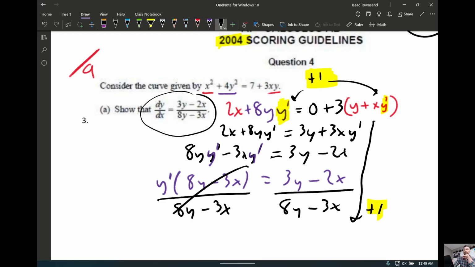Out of 9 points, what do you guys think that the average for FRQs typically is for us? 4, 5. Sometimes 3. Roughly between 3 and 5 points, depending on how hard of one it is.